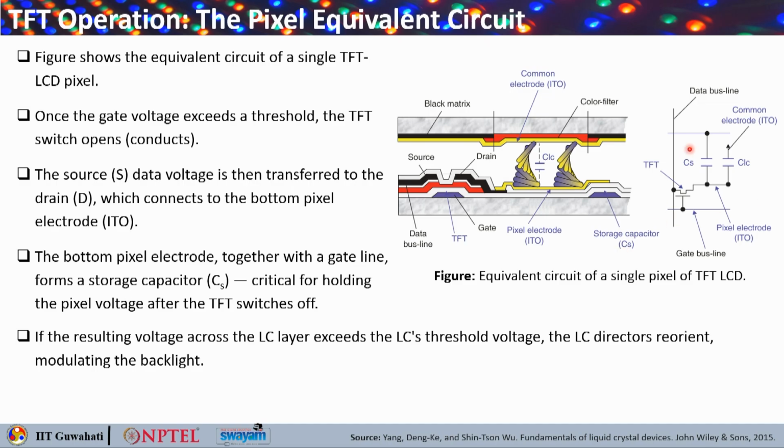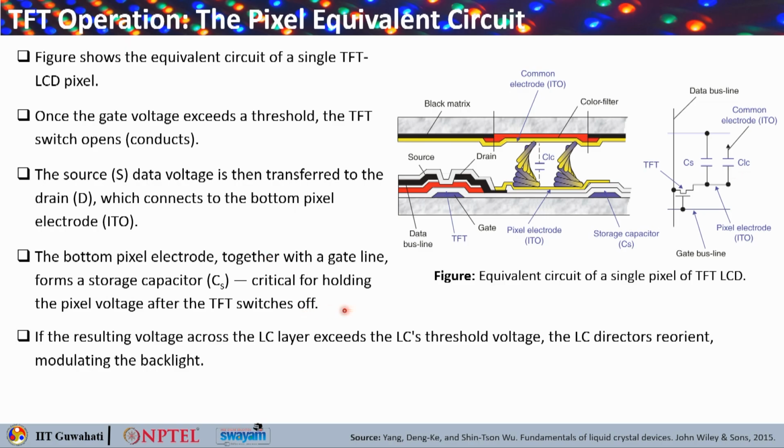So you can basically see the equivalent circuit model here as well. This is the data bus line and this is your pixel electrode and this is your TFT, and you have this CS capacitor that holds that one, and this is the liquid crystal capacitance, okay.